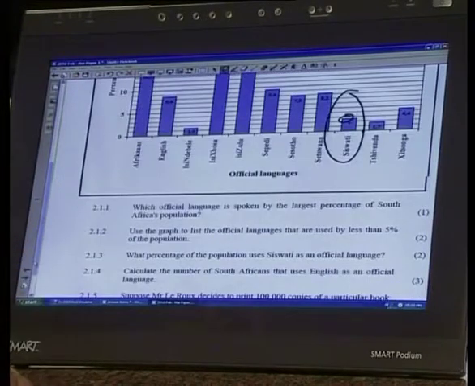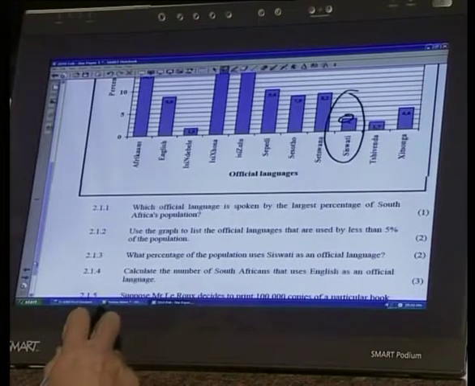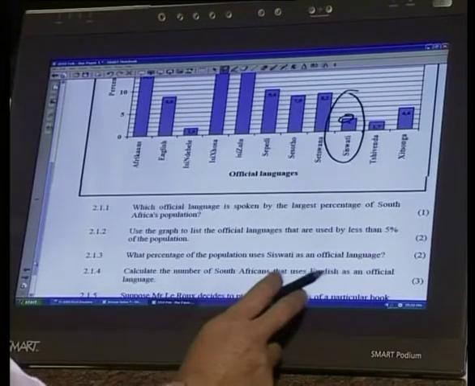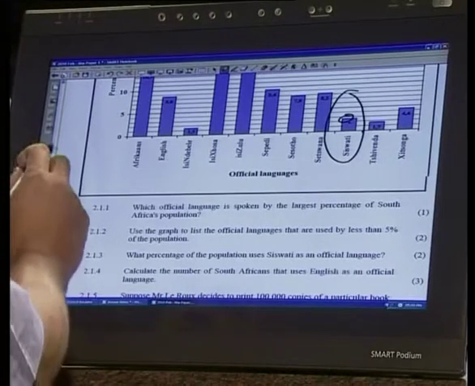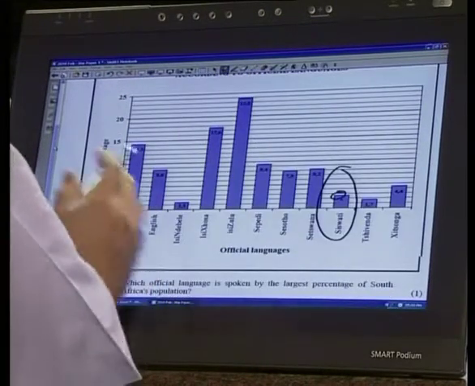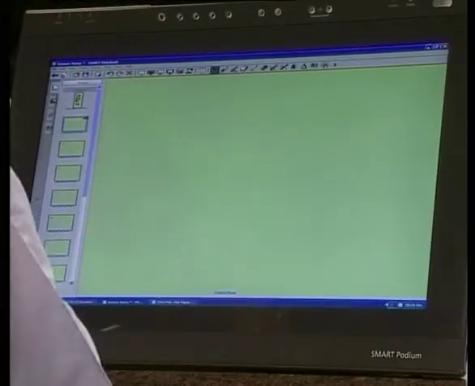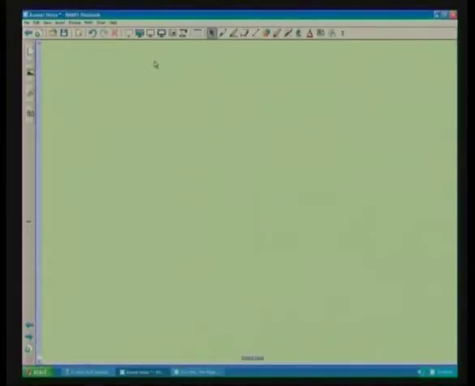Let's move on. Now it says, calculate the number of South Africans that use English as an official language. All right, so back to our graph. We know that 8.6% of the country use English. So I'm going to say, right, I have 8.6%.